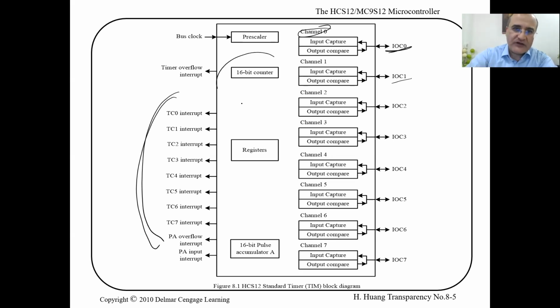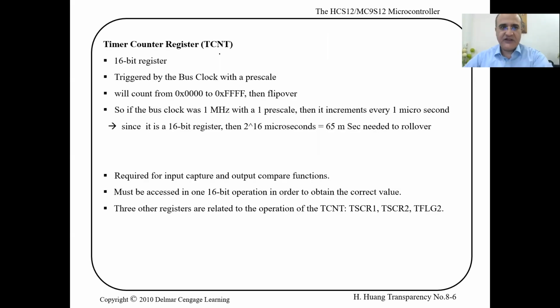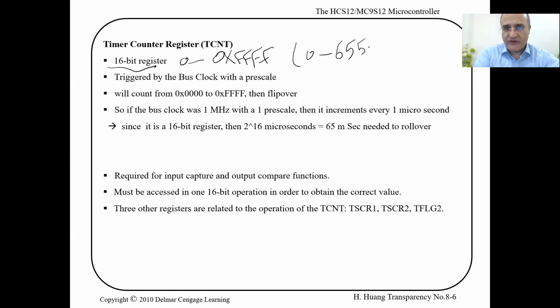Let's go back to the TCNT and see how this is useful standalone, without the capture and compare, as a standalone free running counter. The TCNT is a 16-bit register, which means it counts from 0 to 0xFFFF, which is 0 to 65,535.